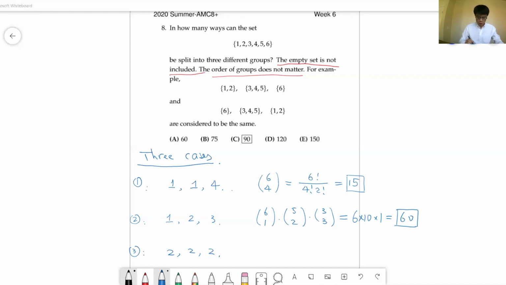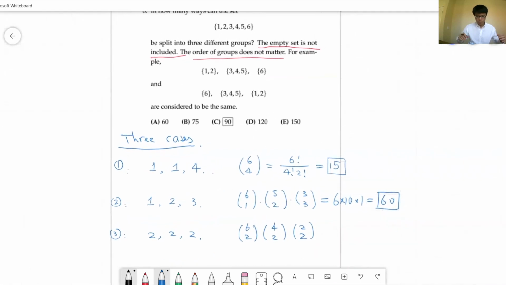The third case, 2, 2, 2. We choose 2 numbers for the first set, the next 2 numbers for the second set, and the last 2 numbers for the last set. But all the sets have the same number of numbers, so they can permute.